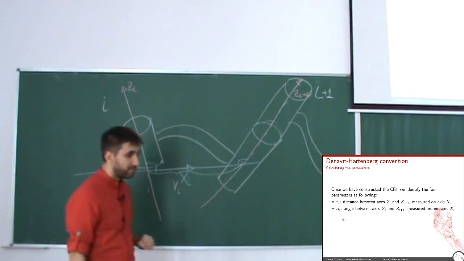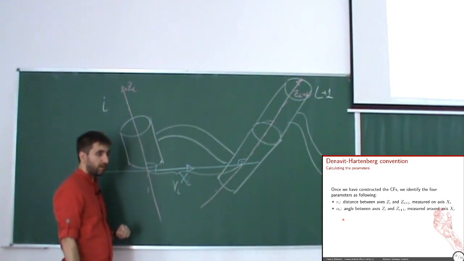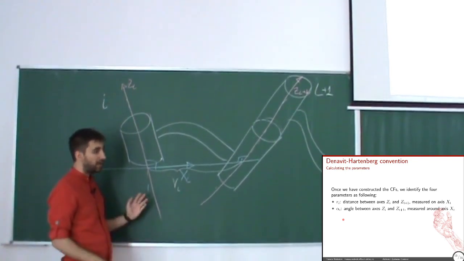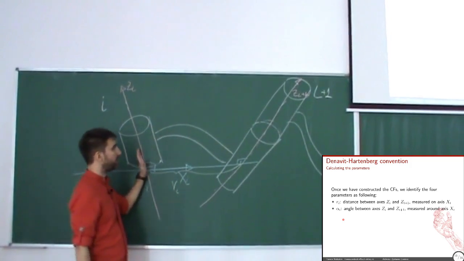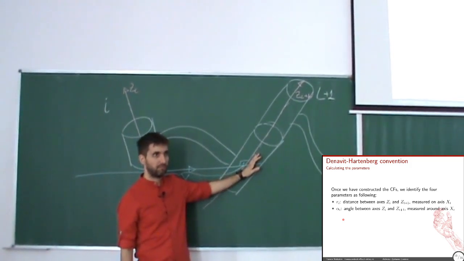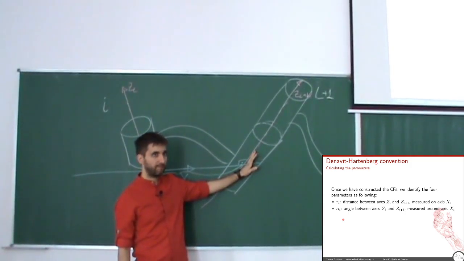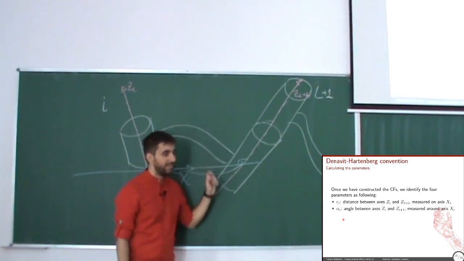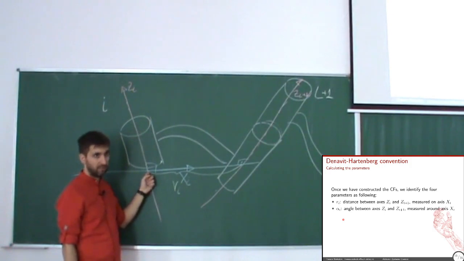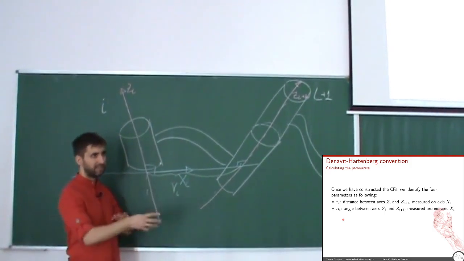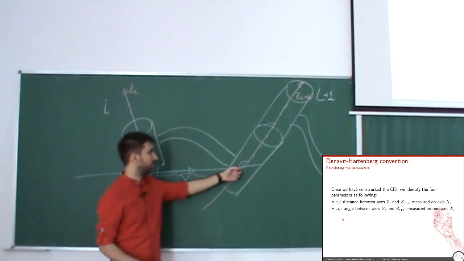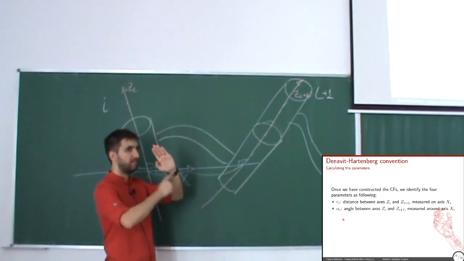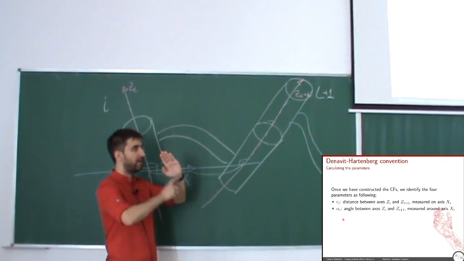Then I have alpha i, which is the angle between Zi and Zi plus 1 around xi. Now, the distance is easier to understand, because the distance between two arbitrary lines is basically the length of the perpendicular line.